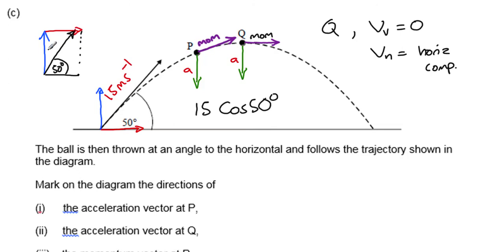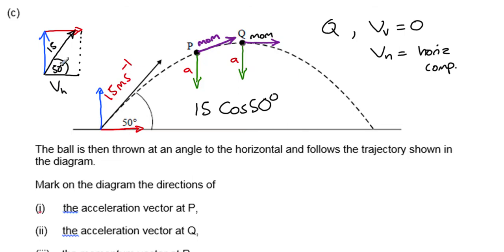You know that that is 15. There's 50 degrees. The sine is opposite over hypotenuse. The cosine of 50 is adjacent over hypotenuse, and that adjacent is your horizontal component of the velocity, which is what we want to find out.